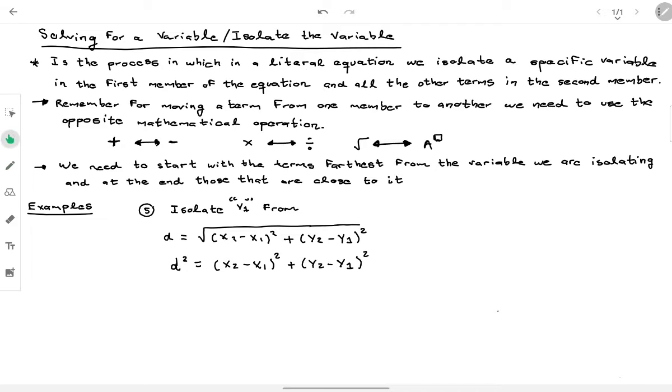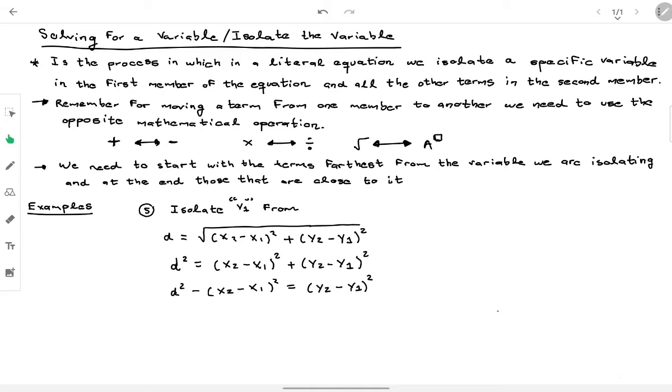After that, we can send the positive term as a negative to the other side. So it's going to be d squared minus (x2 minus x1) all squared, equals (y2 minus y1) all squared.